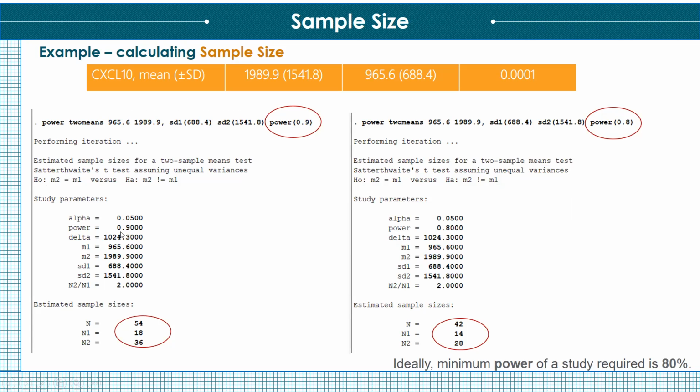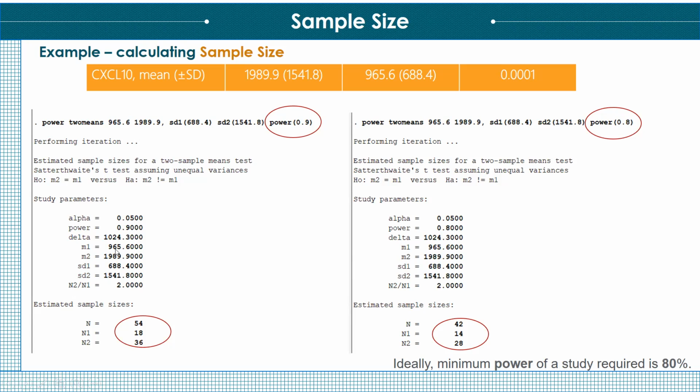Okay, so again, with an alpha level of 5% and a power of 90%, again, I said 80%, ideally minimum power of a study is 80%, but if we calculate it on a nice high power of 90%, and we use the 2-to-1 ratio as we saw in our pilot study, because we presume that recruitment for our larger study will also be a 2-to-1.